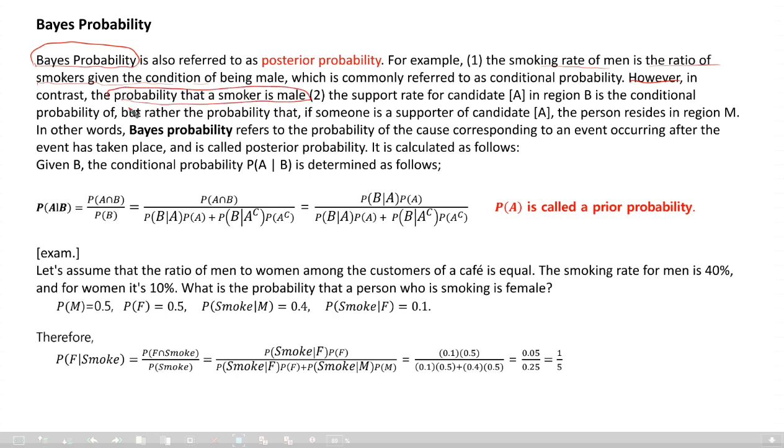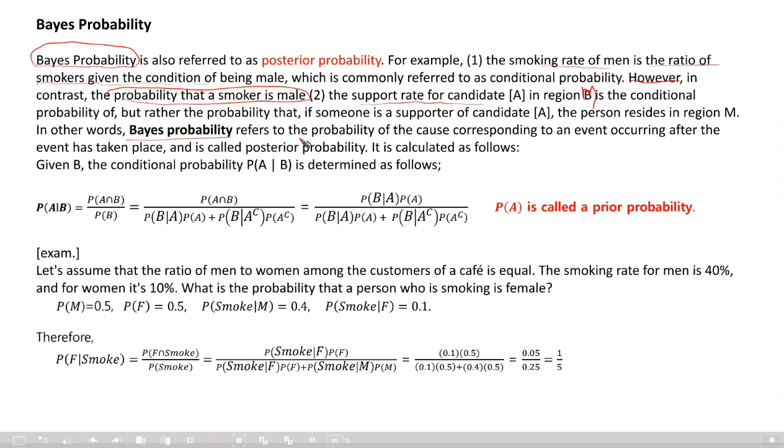It is just some strange conditional probability. And the support rate for candidate A in region M is the conditional probability, as you know, but rather the probability that if someone is a supporter of candidate A, the person resides in region M.